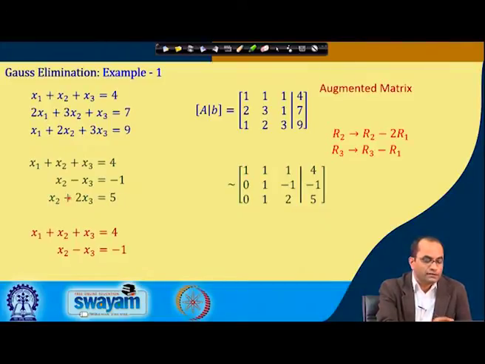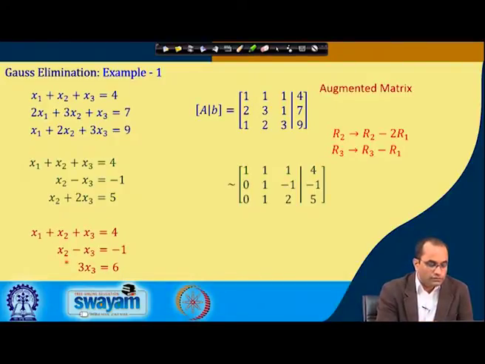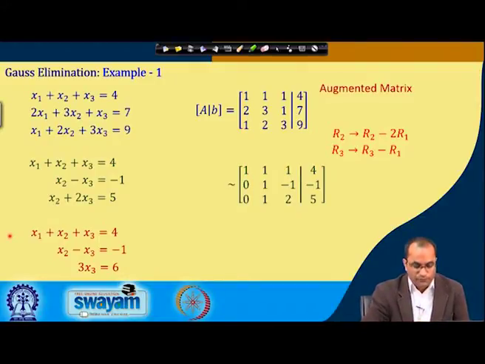That means, equation number 3 minus equation number 2. So, this will become 0. So, no x 2. Here when we subtract, this will come 3 x 3, and here it will come 6. So, we have this system now, where from the third equation x 1 x 2 is removed, from the second equation x 1 is removed, and the first equation is intact as before.